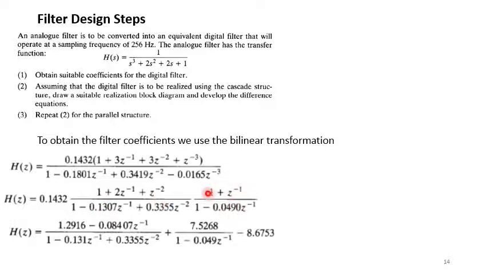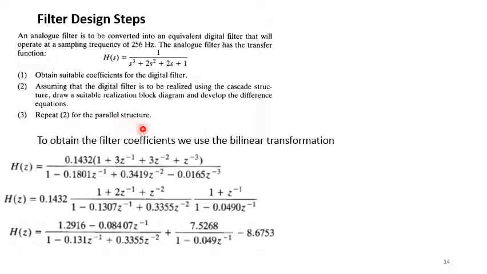Now this can be realized in the cascade form. If we now have two sections, this one followed by this one, these are the zeros and these are the poles for the first section, and this is the zero and this is the pole for the second section. So I hope you can easily do it. I leave it to you as a homework.